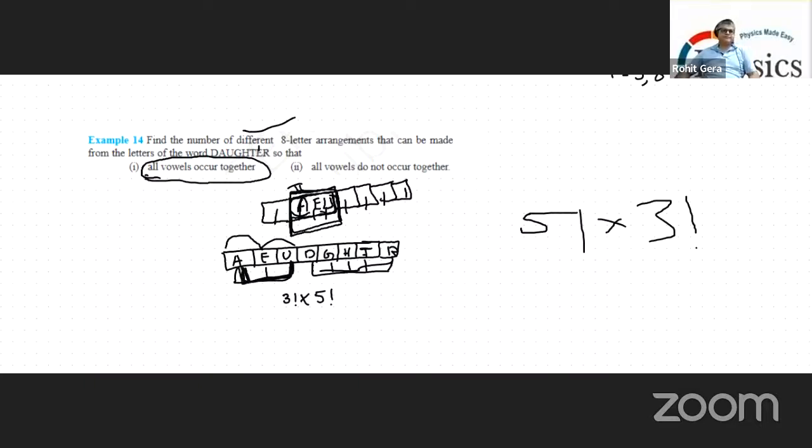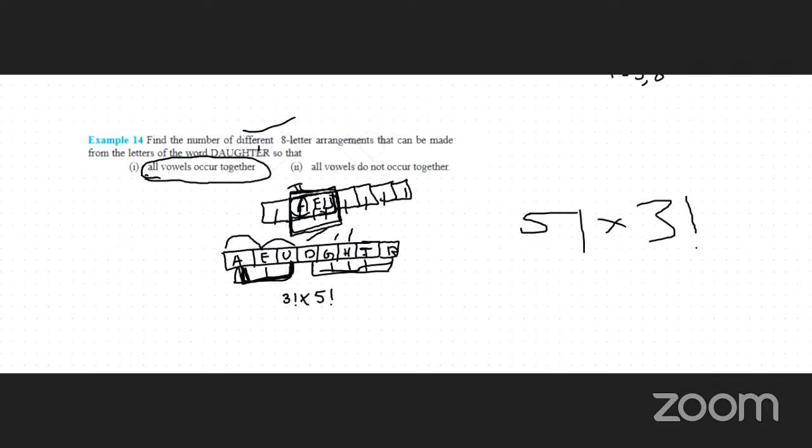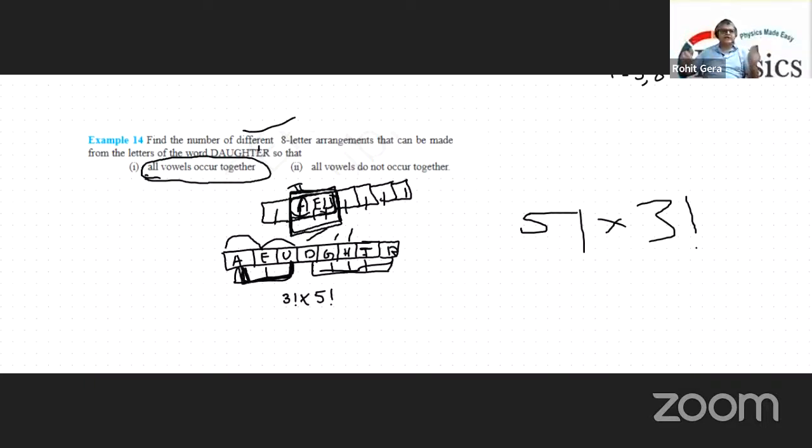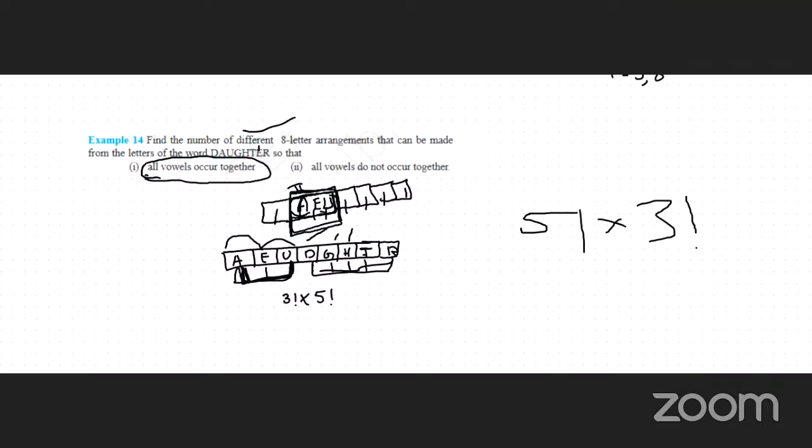So these 3 can be in the middle also. And the remaining 5 are on the left and right. But they have to occur together.